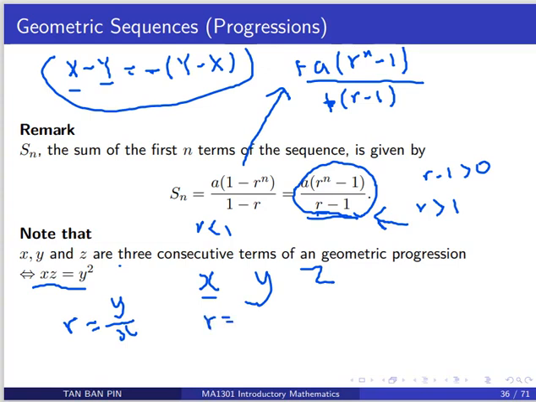So r is also z over y. Which means y over x is the same as z over y. Then you cross multiply, and it's the same as y squared equals xz.